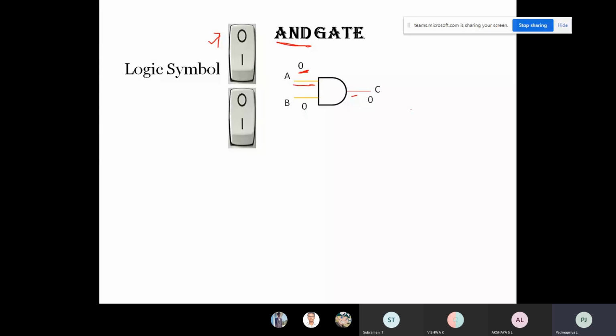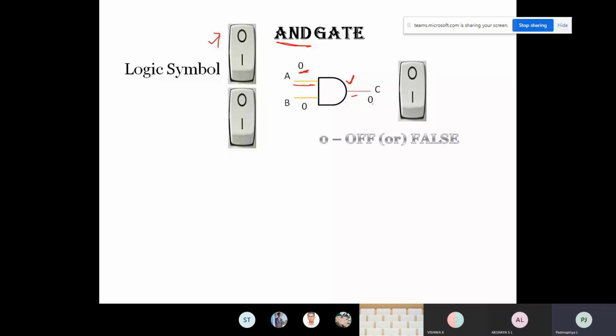Then what would happen? For the initial condition, input 0 0, you receive output 0 for the AND gate, so obviously it's in the off condition. Off is nothing but false, logic 0; one is on or true condition. This is all very basic concepts.